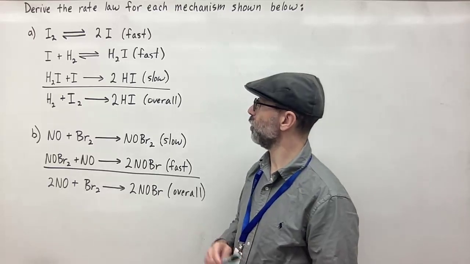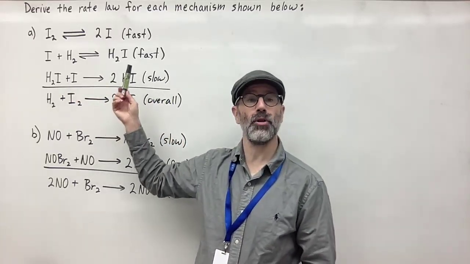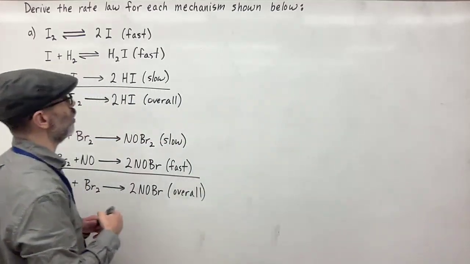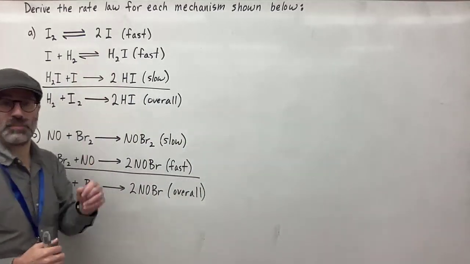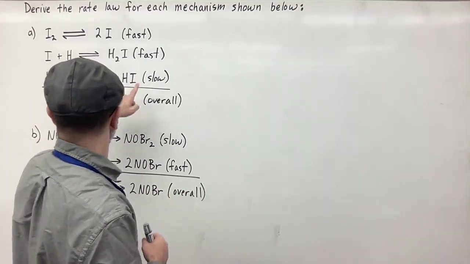Okay, so what do we do? This is the rate determining step, so we have to write what the rate law for this elementary step is going to be. We'll write the rate laws for all of the elementary steps, but let's start with the slow one.